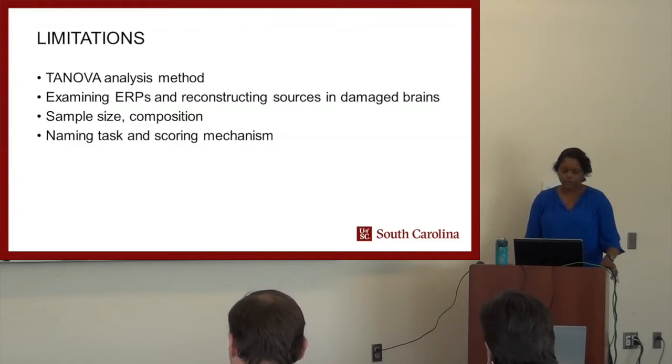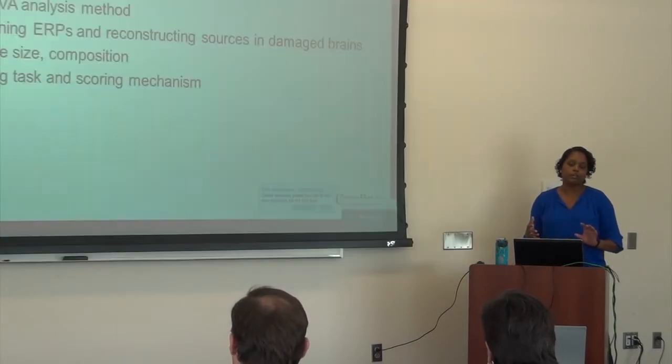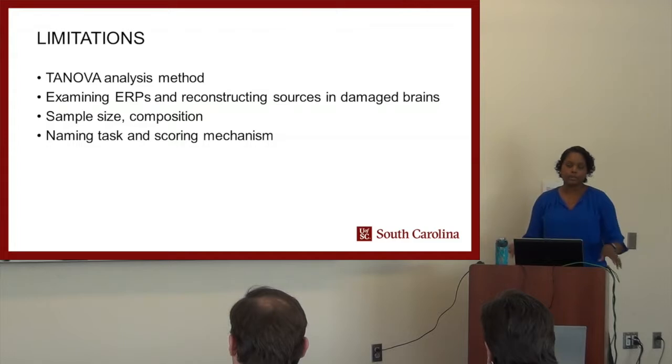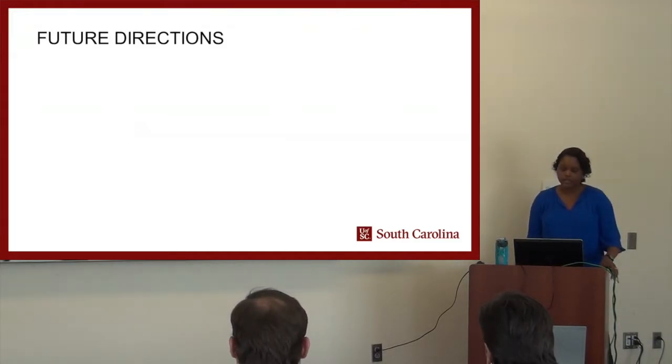And the task included 80 pictures of objects and 40 abstract pictures. So it could be that the task wasn't long enough to get enough samples to detect these subtle relationships.